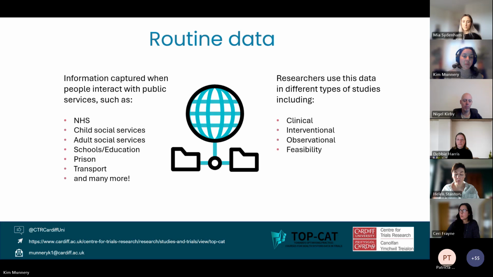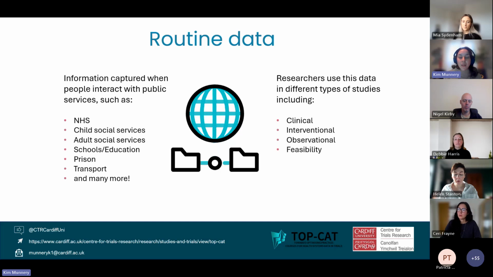So this is where data is captured. And researchers can use this type of data in different studies, such as clinical, interventional, observational studies and feasibility studies as well. But it's important to note that routine data is collected for service use and then has a secondary, usually a secondary usage for researchers.